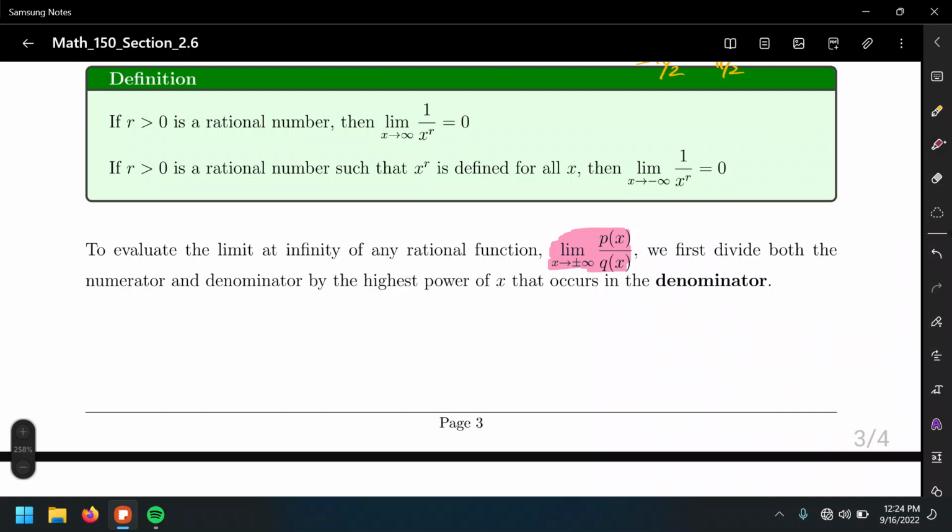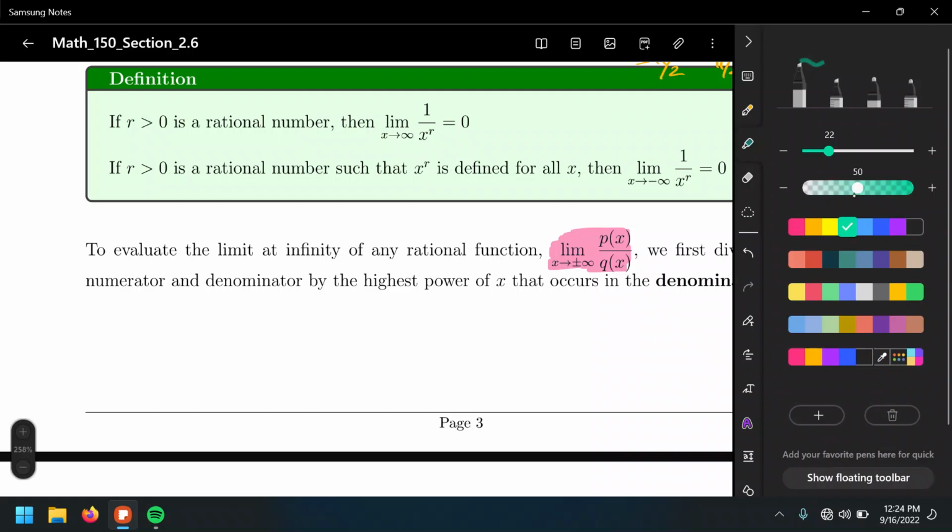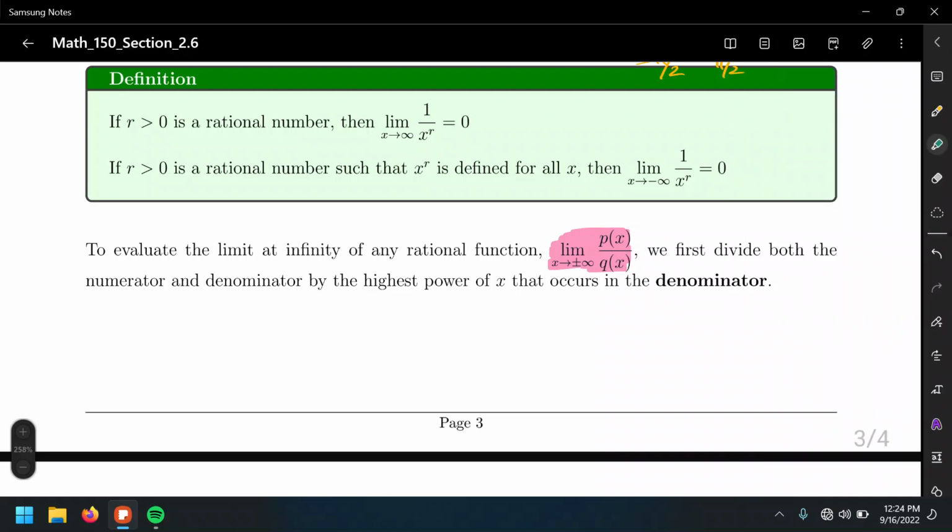The trick is the same. What we're going to do is divide both the numerator and the denominator by the highest power that you see in the denominator.